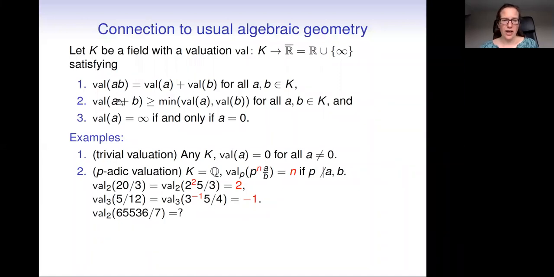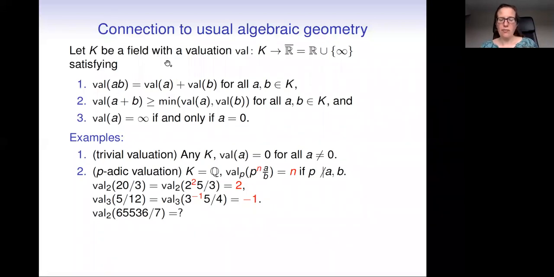The valuation of a plus b is at least the minimum of the valuation of a and the valuation of b, for all a and b in your field. And then the last one is the valuation of a is infinity if and only if a is 0. Okay, so you can say this is almost a function that takes your field to the tropical semi-ring. It's almost like a homomorphism, except for this pesky greater than or equal to.